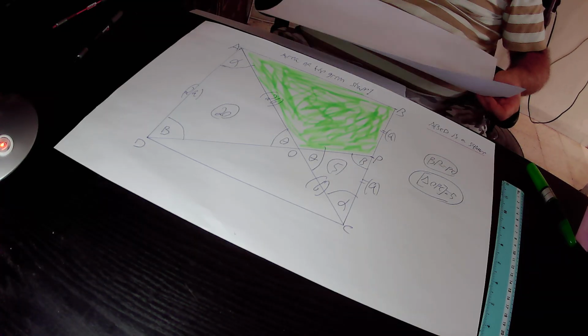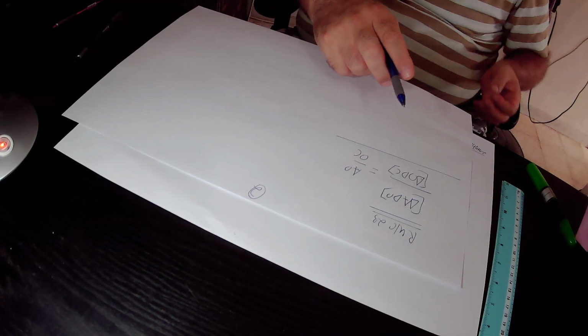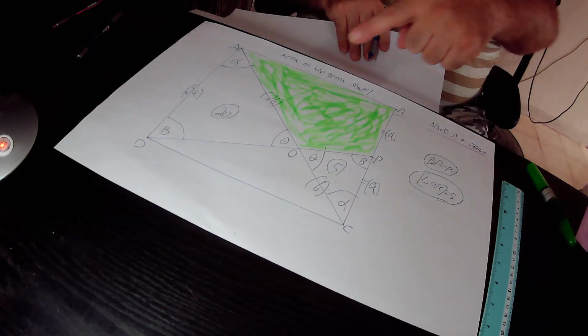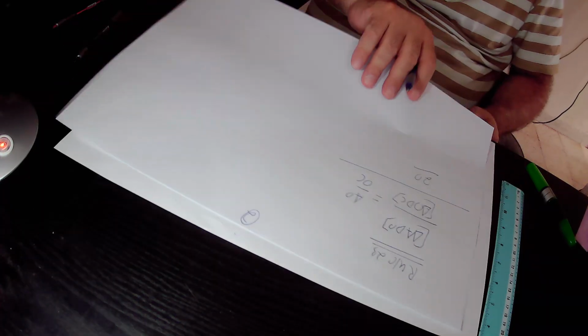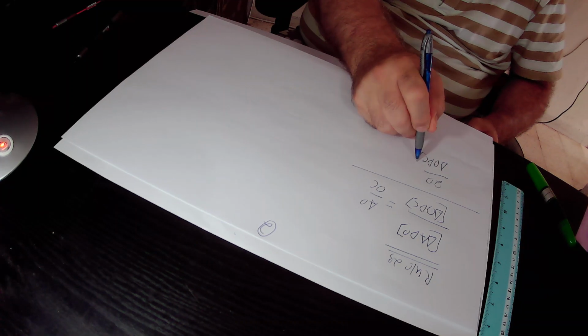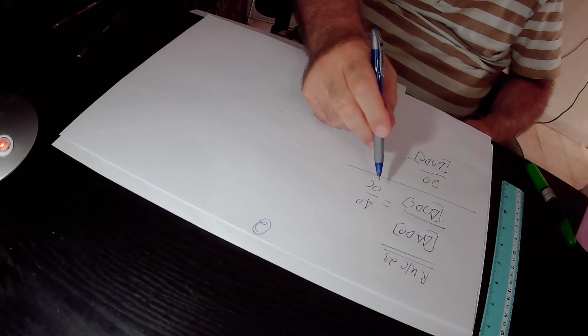We already found out that the area of this triangle ADO is 20 square units, so we substitute the area of triangle ADO by 20 over the area of this triangle ODC. The area of this triangle ODC is unknown, so we leave it as it is. And it is equal to AO over OC.